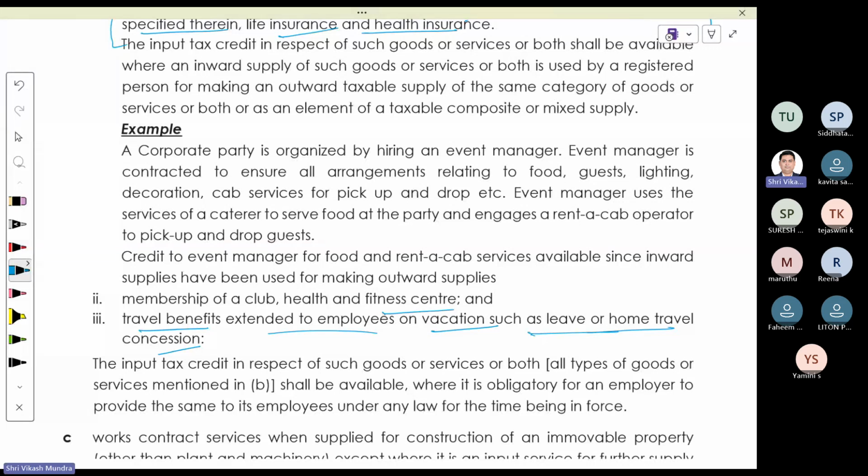If as per law, any legal obligation, the employer is supposed to provide membership in a club to their employees, then ITC is available. If it is not required as per law, then whatever expenditure you incurred for this purpose, ITC is not available.